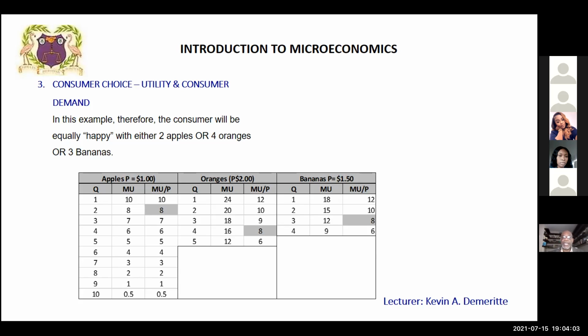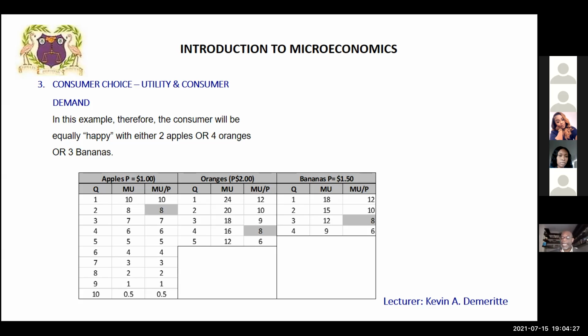So at this stage, the consumer is absolutely indifferent about whether they're going to get 2 apples, 4 oranges, or 3 bananas, because any one of those options is going to give them the same amount of satisfaction for every dollar that they spend.